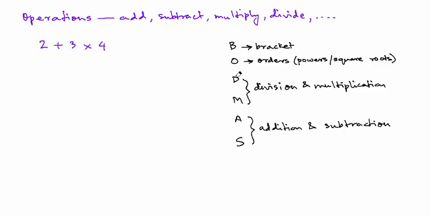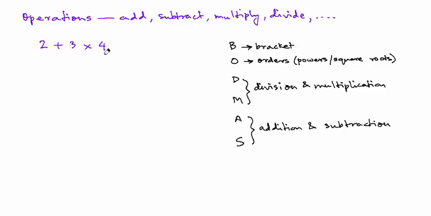If you want to choose between division and multiplication, which one to do first, start from the left of the expression, do the one that comes first. And the same goes with addition and subtraction. It's not as if addition should be done ahead of subtraction. You do the one between these two that comes first, starting from the left of the expression.